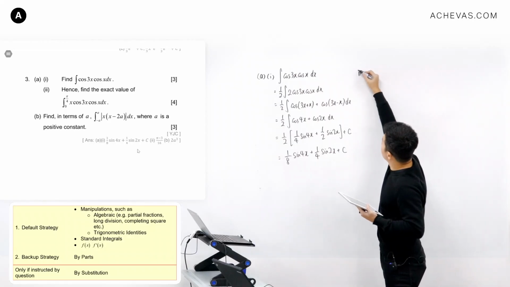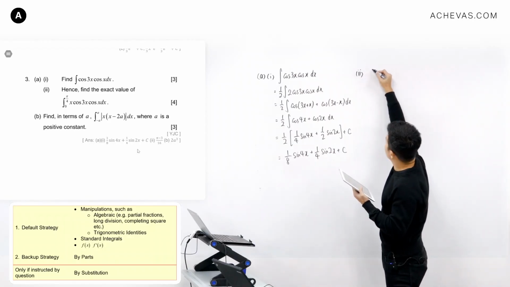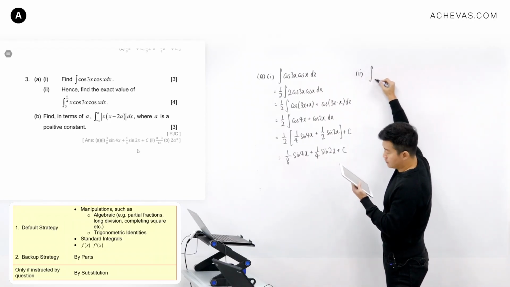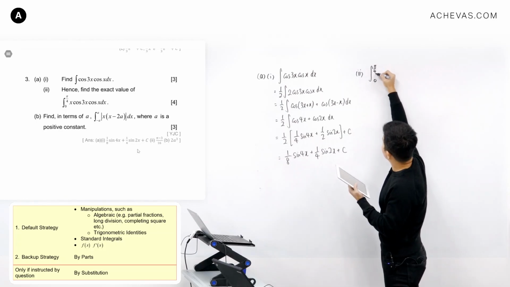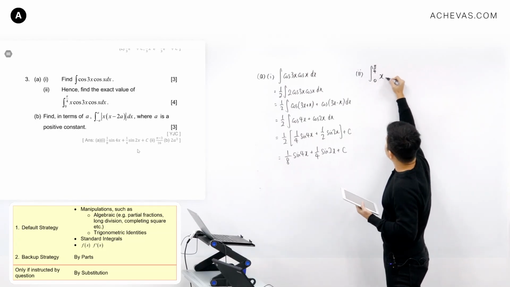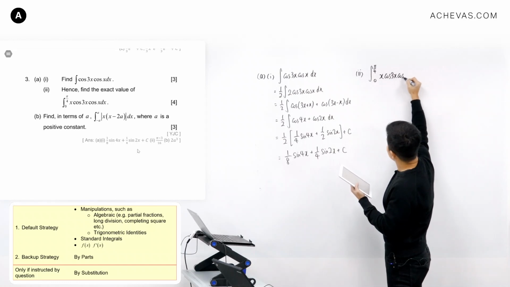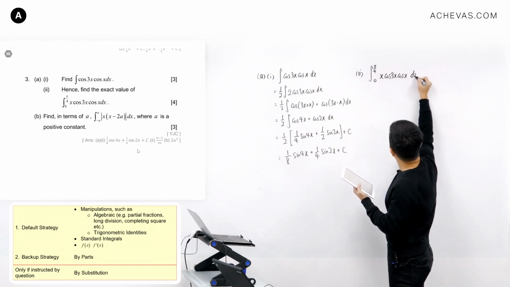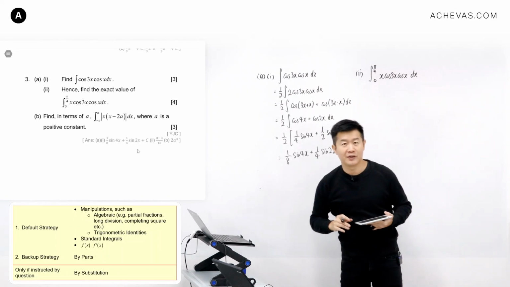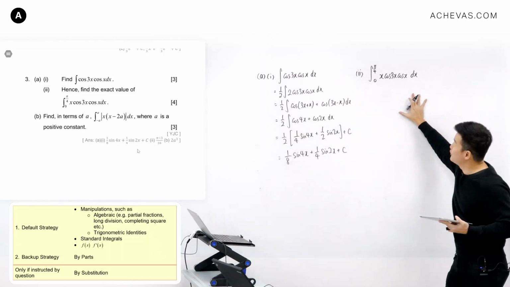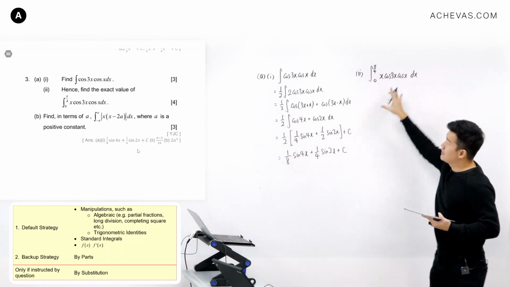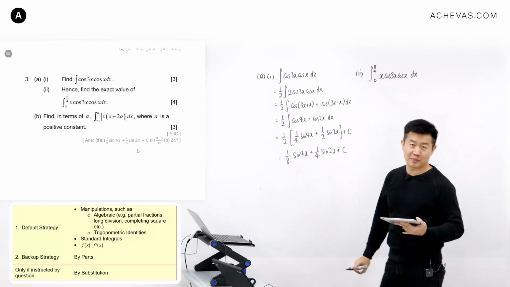So for part 2, we are supposed to integrate from 0 to pi over 4 of x cosine 3x cosine x dx. Hopefully I will have enough space for me to write down my solution for this. And look at this. I'm going to apply integration by parts.